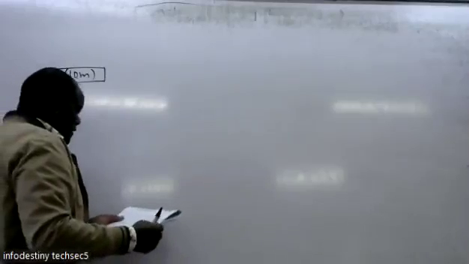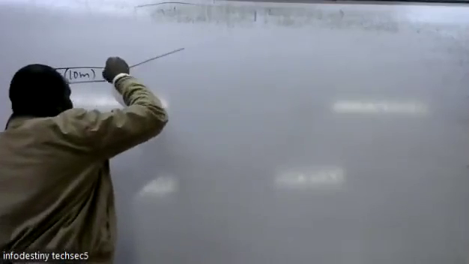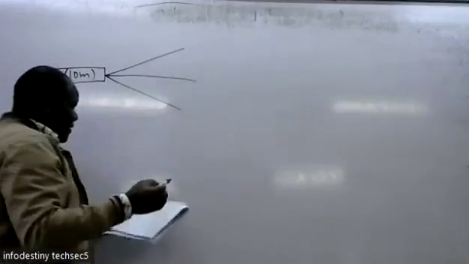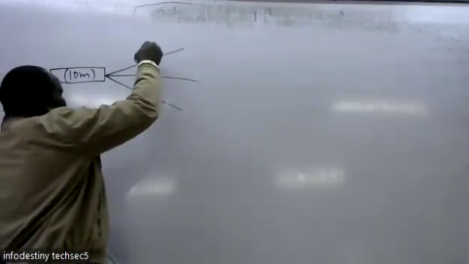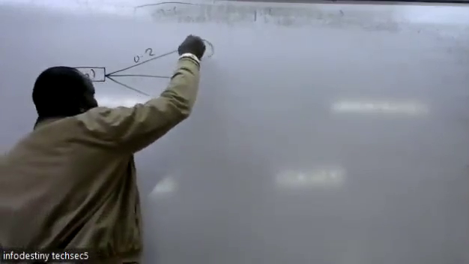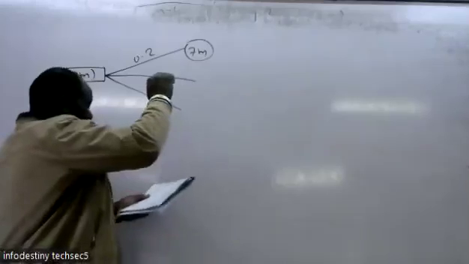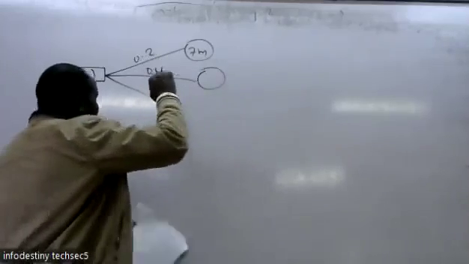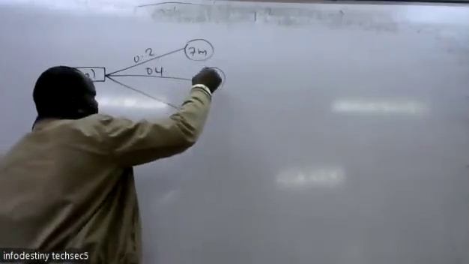Year 1 has 3 options. There is an option of 0.2 of coming up with 7 millions. There is also 0.4 of coming up with 8 millions.